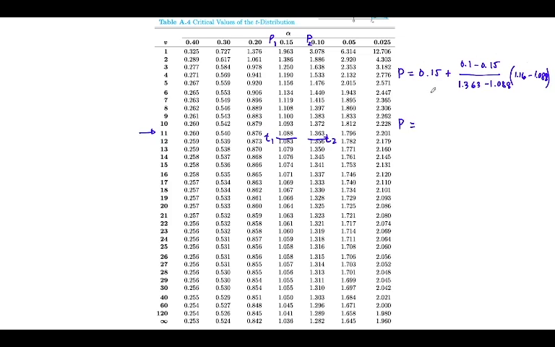Now, solving for p, we get 0.13690, or this is just approximately equivalent to 0.137. So that is the p-value of the t less than negative 1.16.